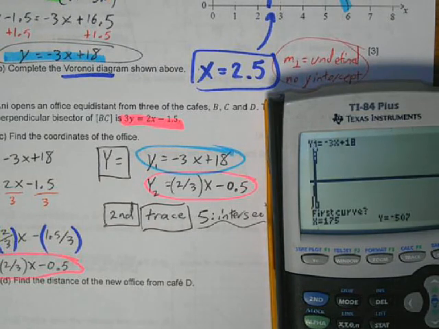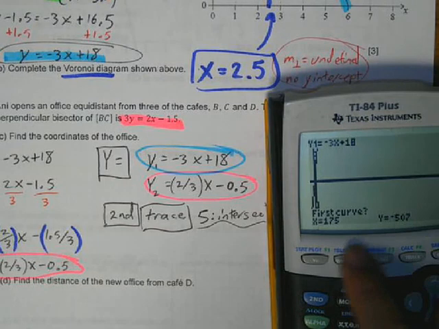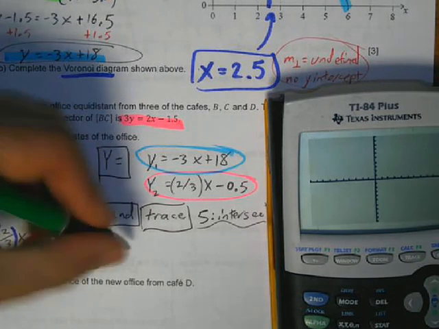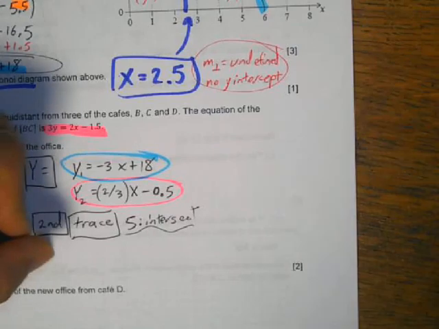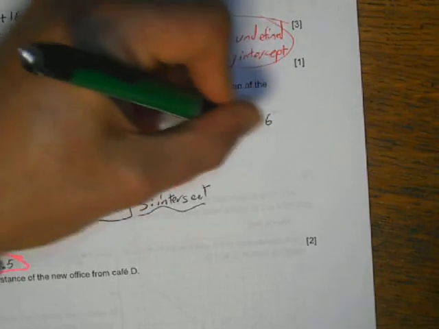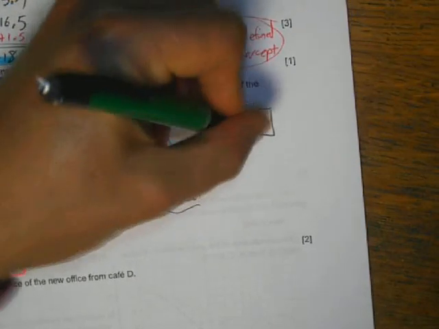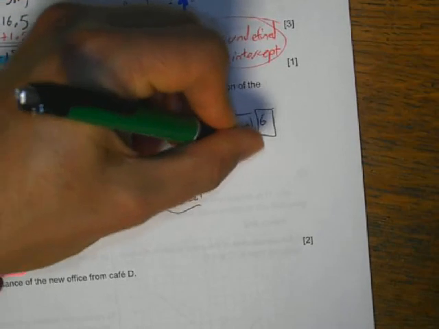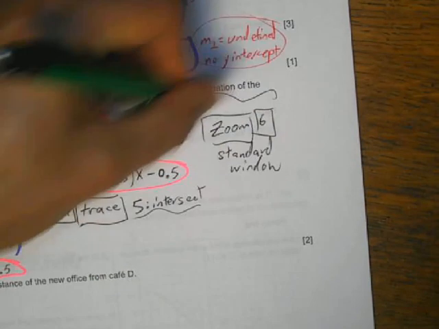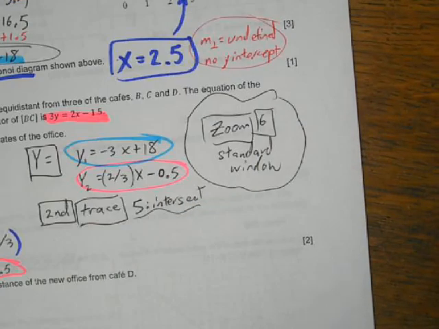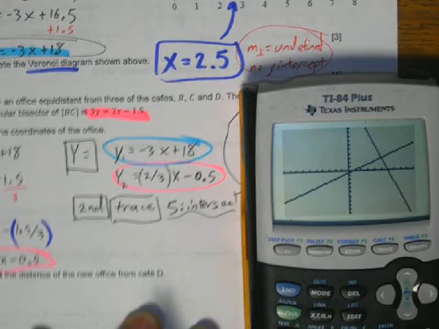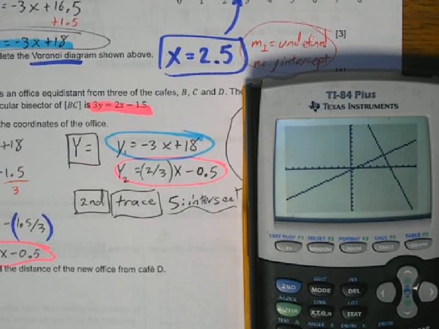To get the window looking good, I'm going to hit zoom 6. I'm just going to write a note here: zoom 6 for standard window. You might need a standard window. Make a note of that if your window is not very good. So now I can see my graph much better now that I've hit zoom 6.